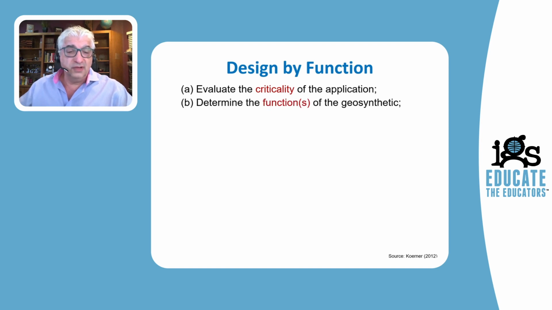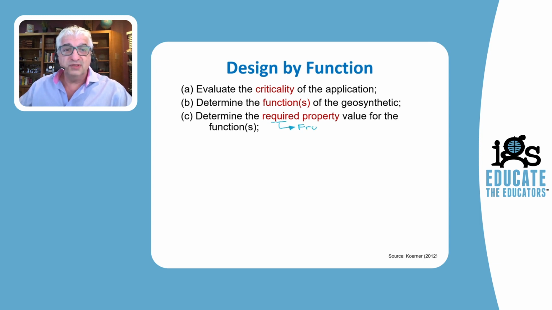Then we need to identify the functions that the geosynthetics will fulfill: reinforcement, in-plane drainage, for example. Once we have identified the function, we need to come up with the required property value that is needed. This comes from design, from calculation.